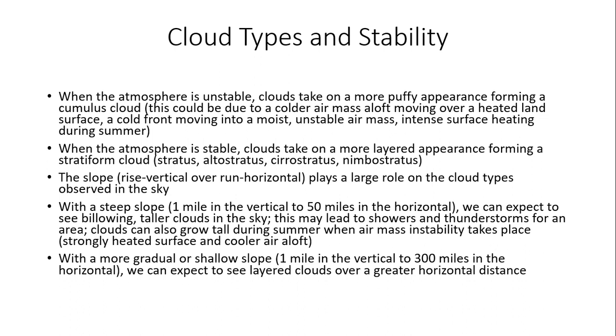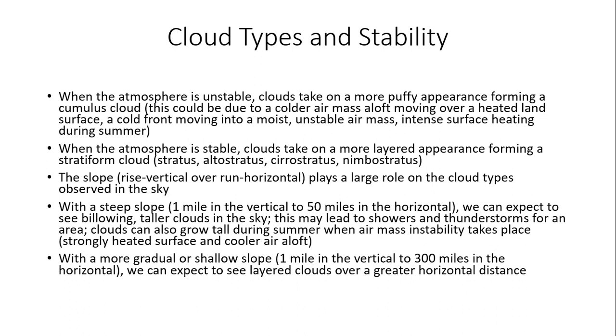These are usually associated with cumulus clouds. This instability could be caused by a couple different factors. It could be caused by colder air higher above the ground moving in aloft over a heated land, for example. And that happens a lot. You have cooler air aloft over that very warm, heated land in the summertime.